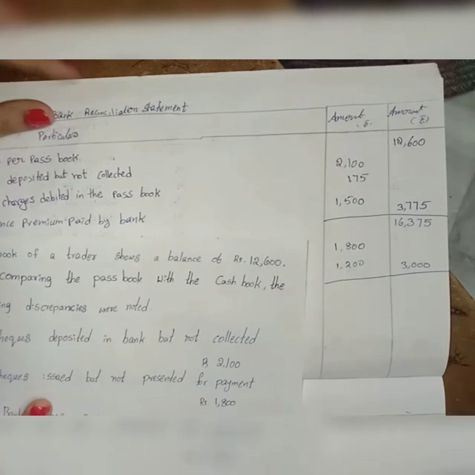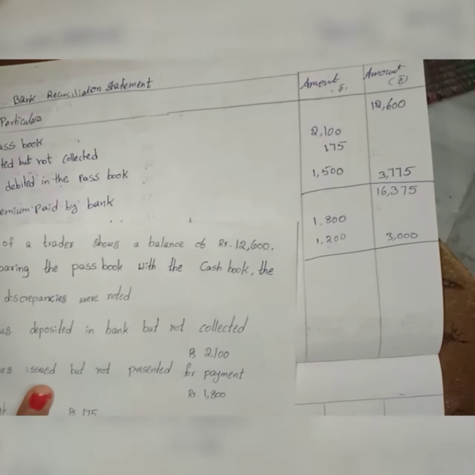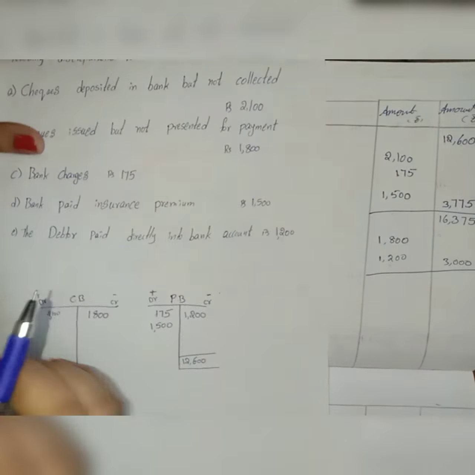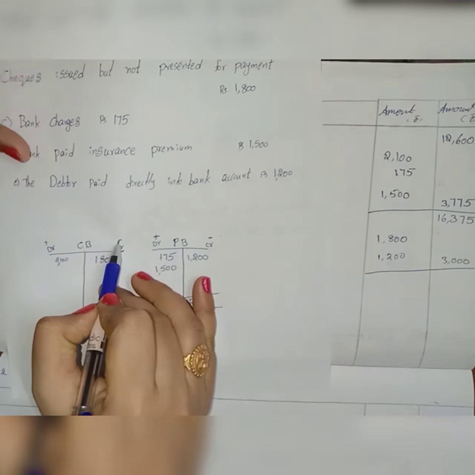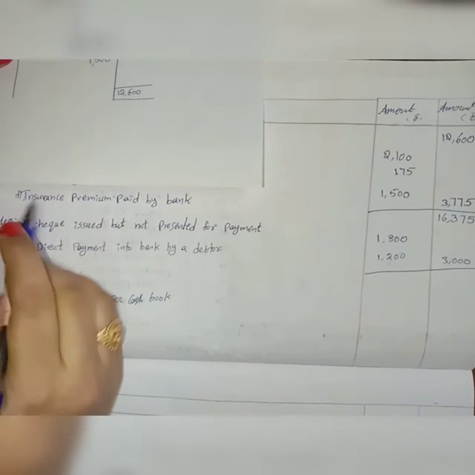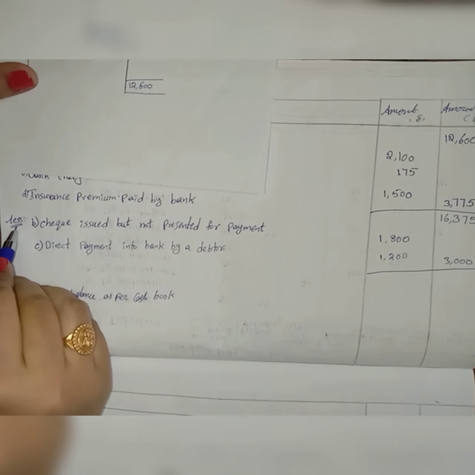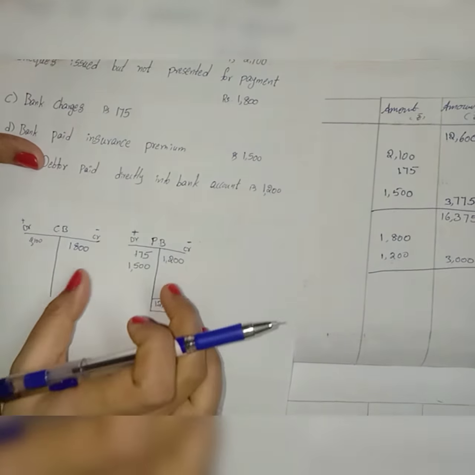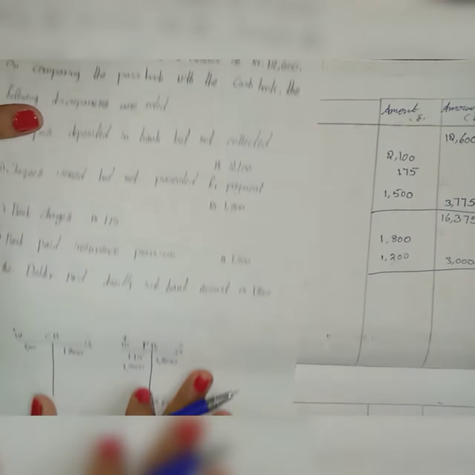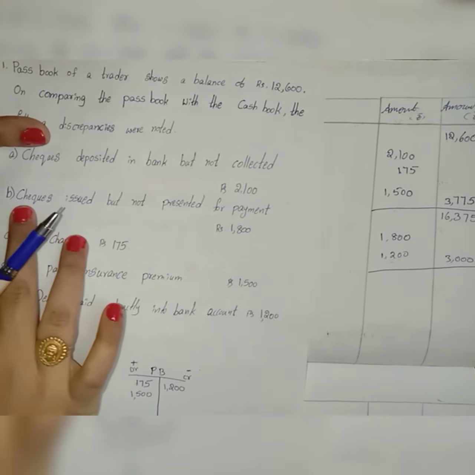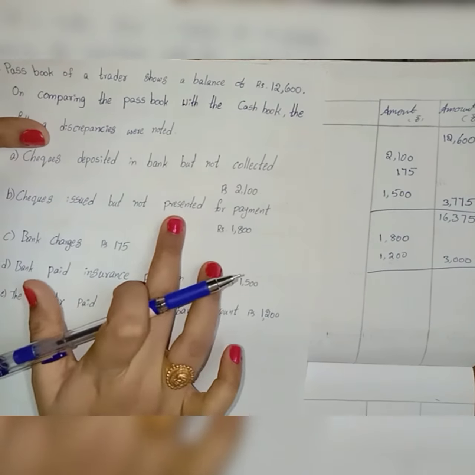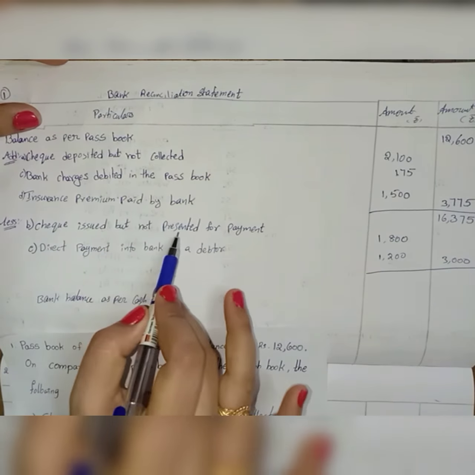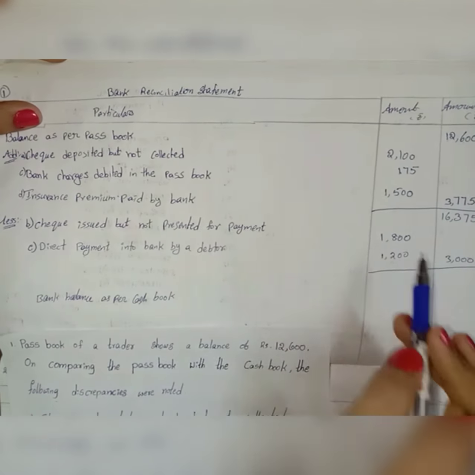And next, we enter the entries with minus symbols. So now we write less: 1,800 and 1,200 are the entries with minus symbol. Checks issued but not presented for payment, 1,800.